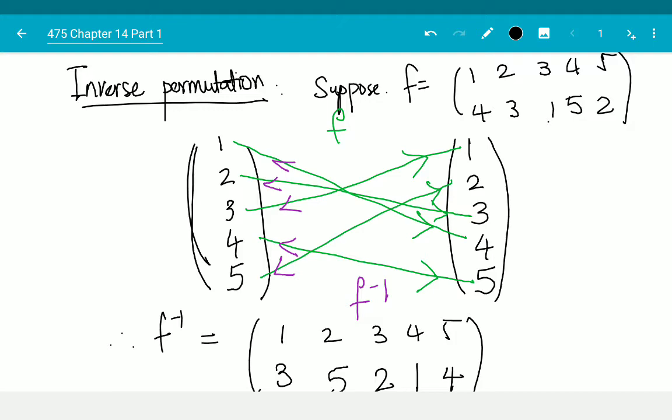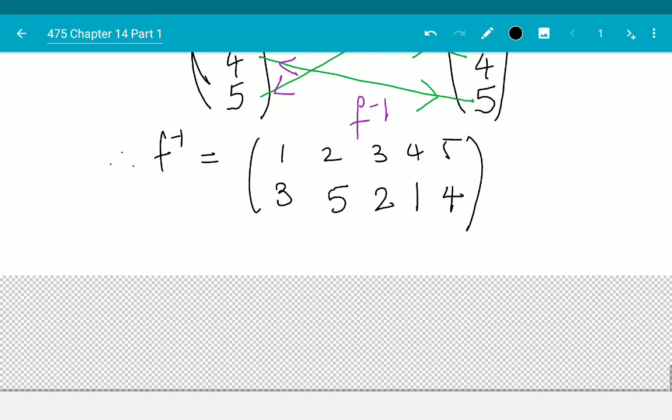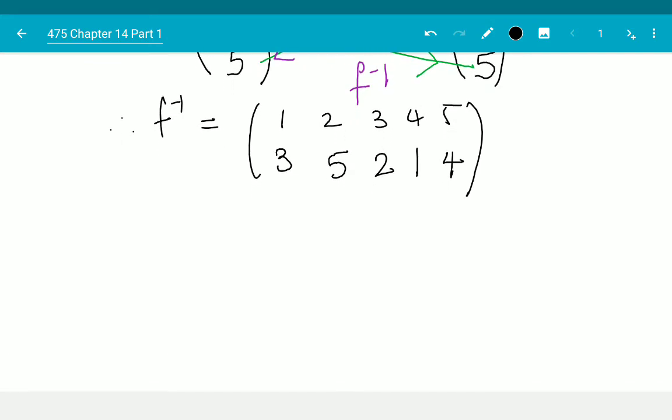I am reversing that, so 1 goes to 3, since 3 was above 1, now 1 is above 3. 5 was above 2, 2 is above 5. 4 was above 5, 5 is above 4. 1 was above 4, 4 is now above 1. That is how I can take the inverse permutation from the figure. Call f inverse the inverse of f.